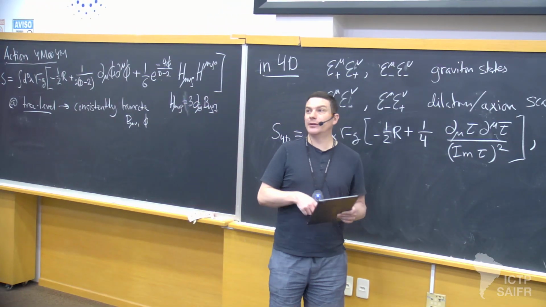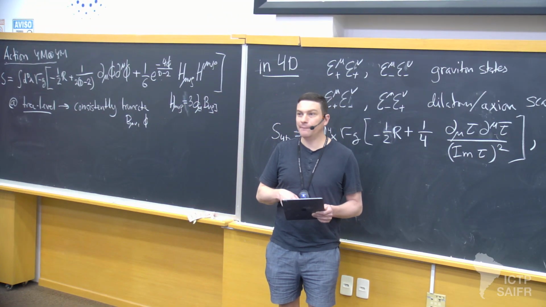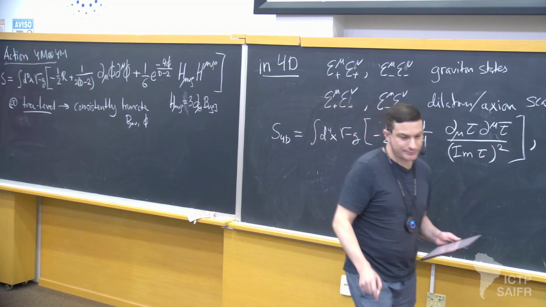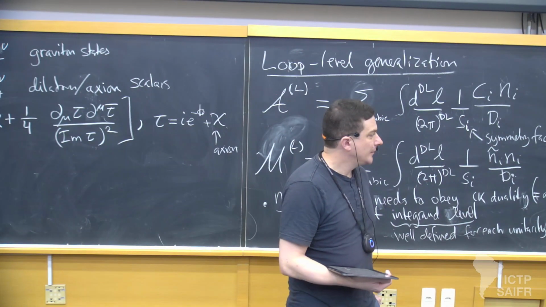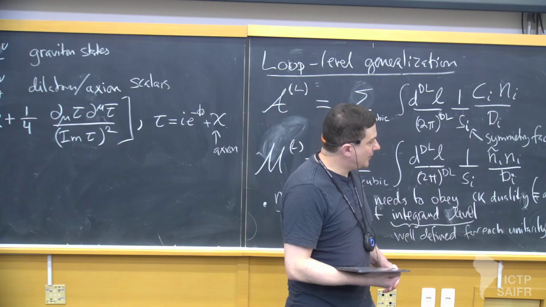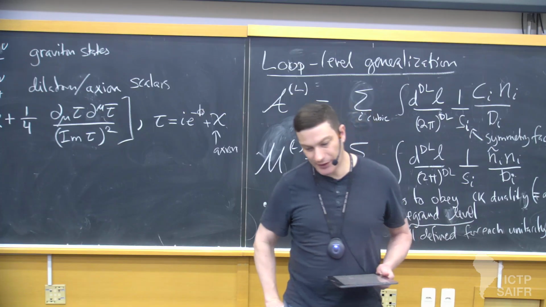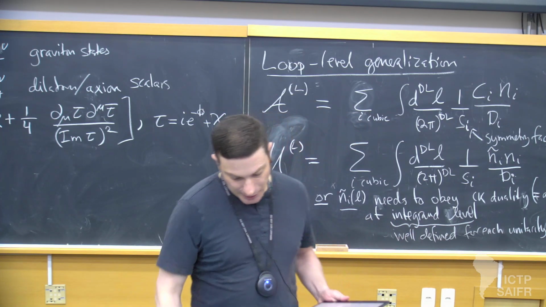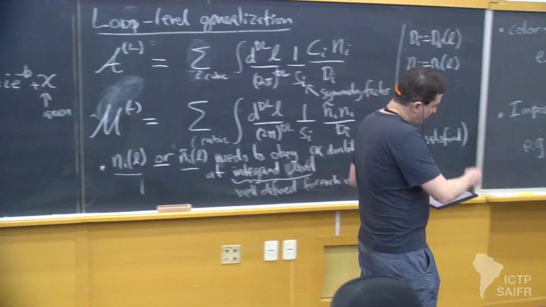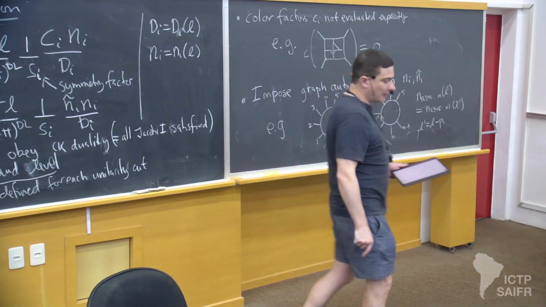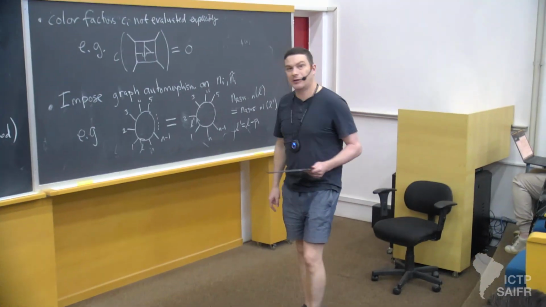Okay, any other questions about loops? Yes, that's right, that's a good point. So for planar graphs, you can avoid this issue, and you could say, well, is there really a problem at one loop then, because everything is planar at one loop?